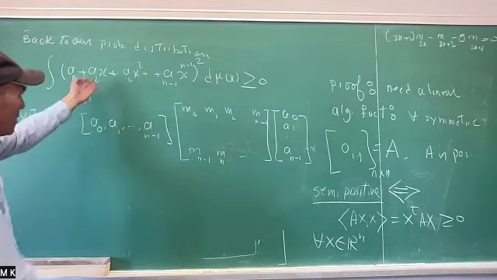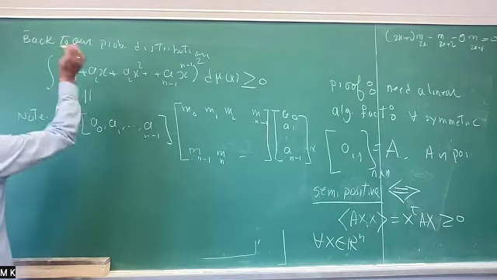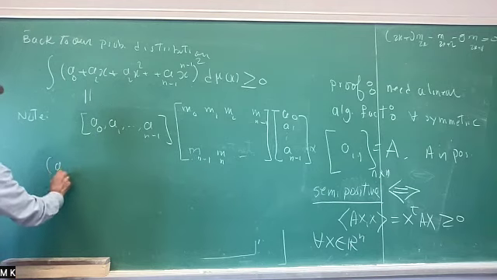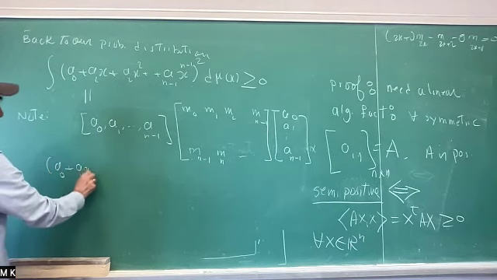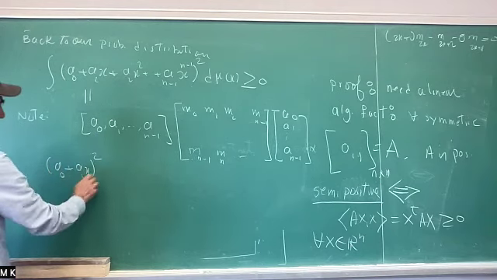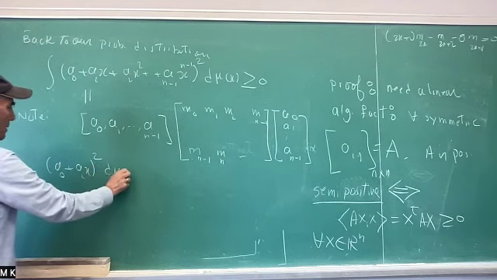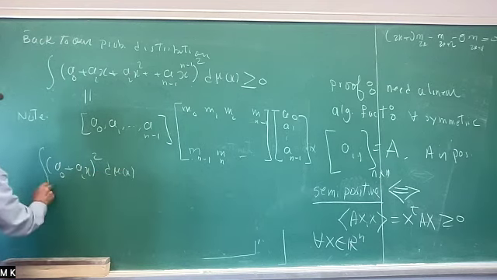Yes, so let's check this for example for n equals 2. If you put (a0 + a1 x) squared d mu of x, now you want to integrate this.